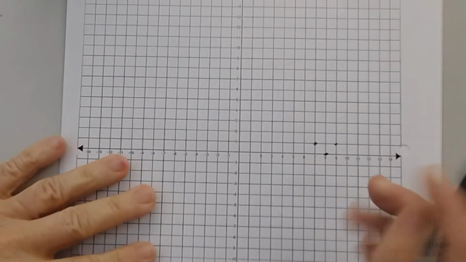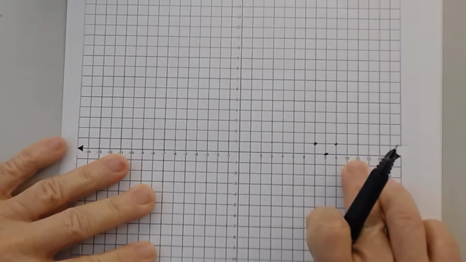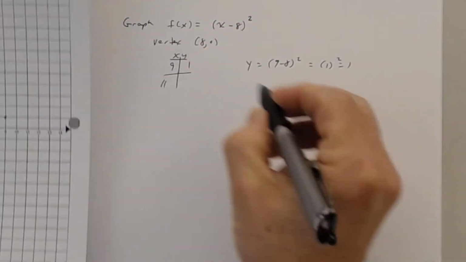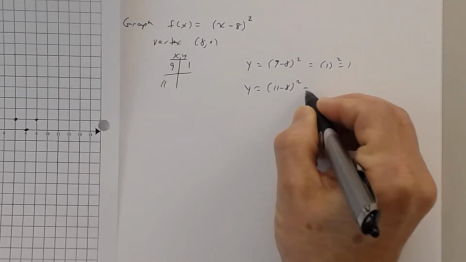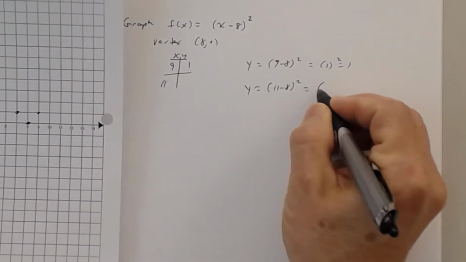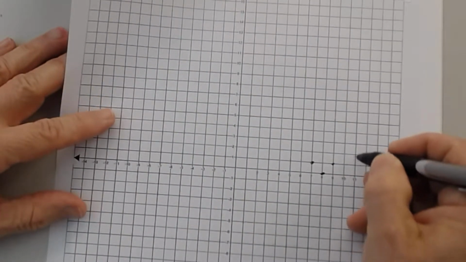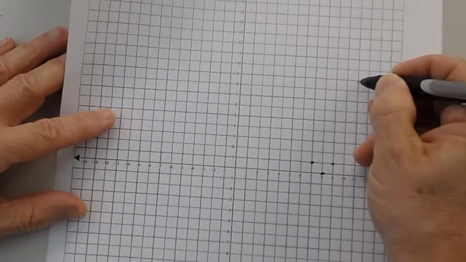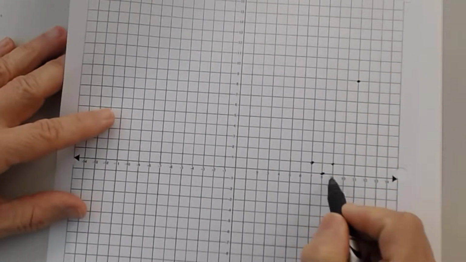All right, now I need one more x value to the right. 11, if you want to use 11, that's fine. If x is 11, I get y equals 11 minus 8 squared. What's 11 minus 8? 3. 3 squared is 9. So I get (11, 9). I went 1, 2, 3 units from the vertex to get to 11.